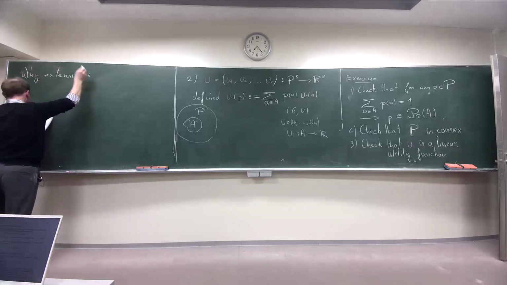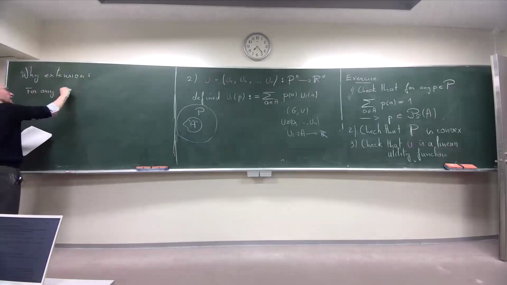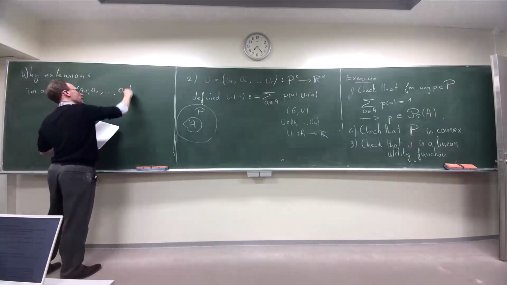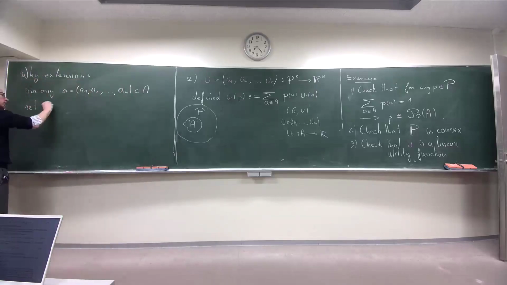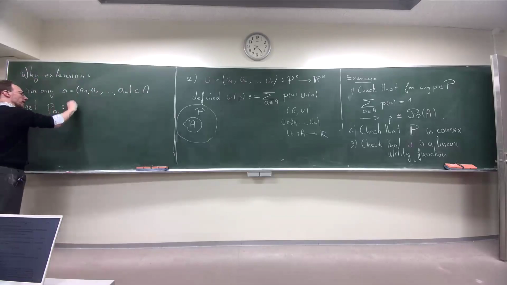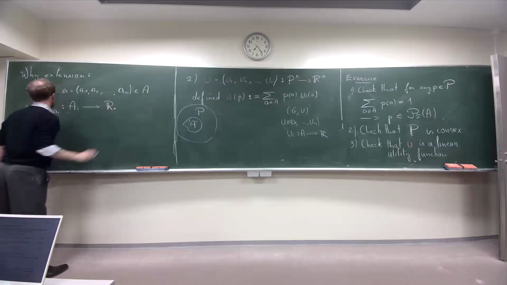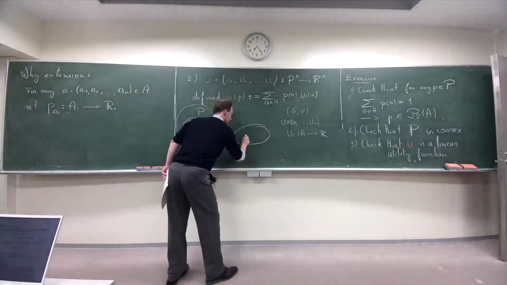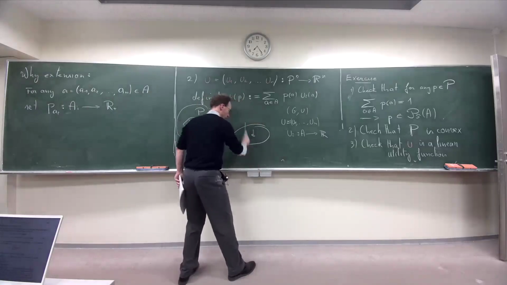I already mentioned a bit of this last week. For any a, which is an element (a1, a2, up to aN) inside A, I set a certain function, p_{a_i}, from A_i to R plus. What is this function? Remember, I have my set here, and I consider functions like this, summing up to 1.